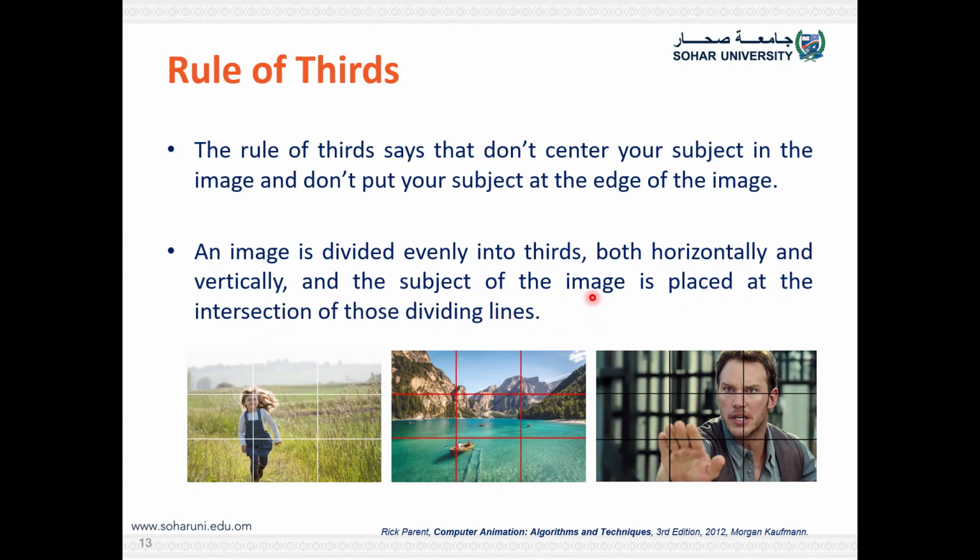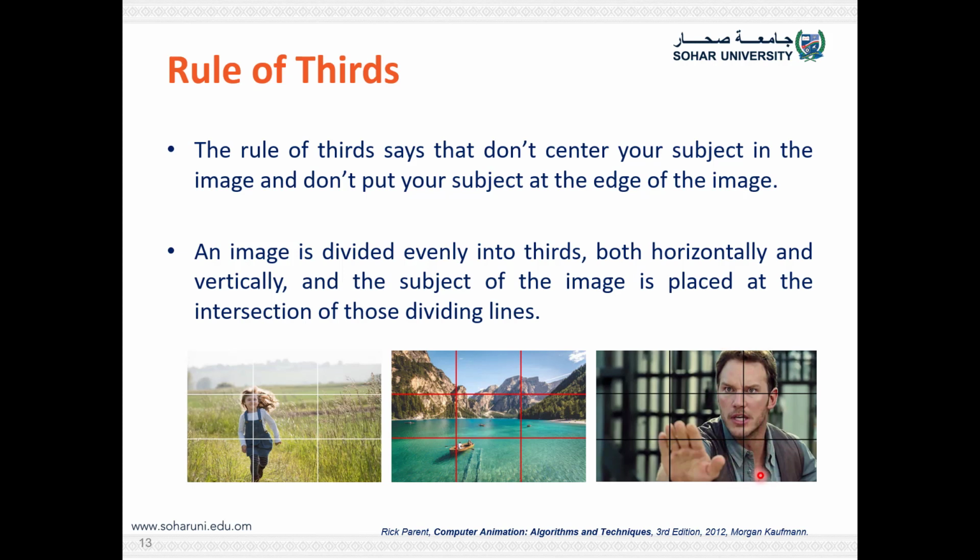So where we have to place the subject, we have to place it at the intersection of those dividing lines. So here we have dividing lines, horizontal and vertical, so we can put the object here. As we can find here, this object is in this intersection, and this object in this intersection between vertical and horizontal lines.